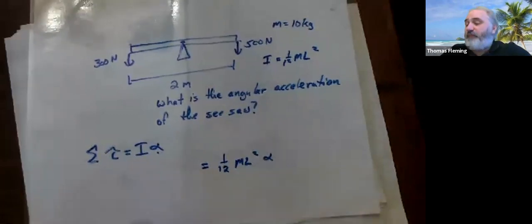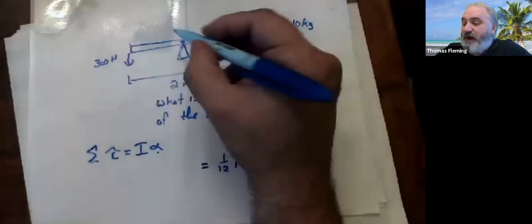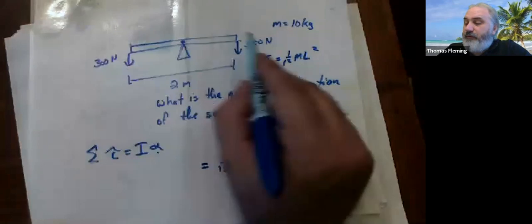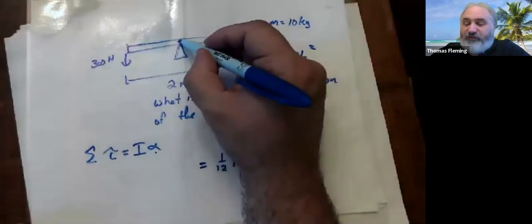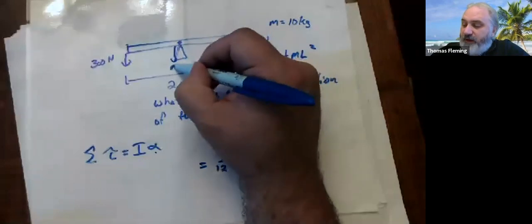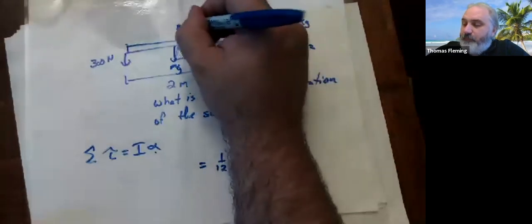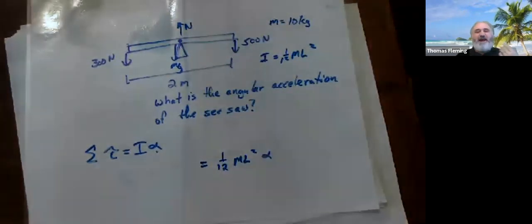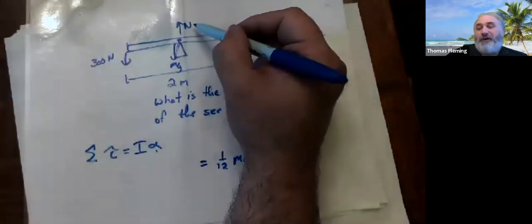I've got this kid pulling down, this kid pulling down, and actually 4 forces, because gravity pulls on the seesaw at the center of mass, which I'll call mg. There's also a normal force from the pivot that pushes upward. If I was interested in what that normal force was, I could certainly solve for it, but the question doesn't ask, and I don't especially care.